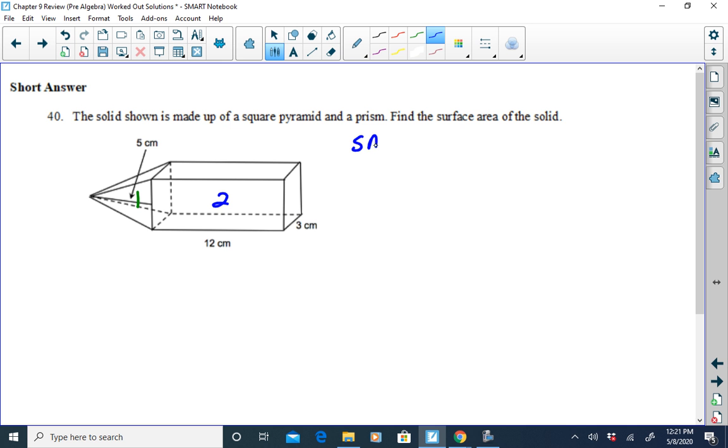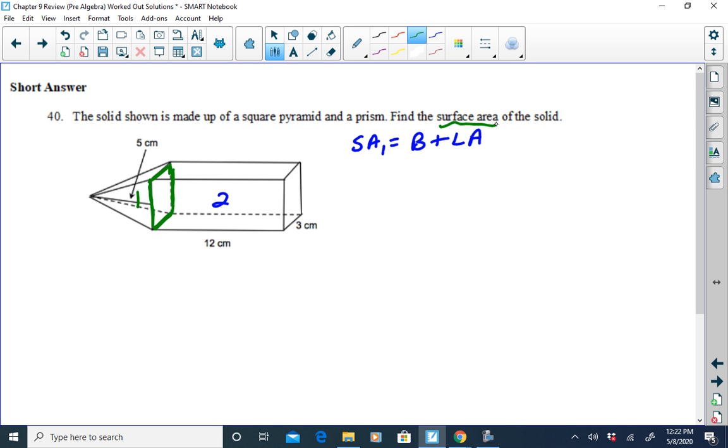So surface area 1 is going to be equal to the base area plus the lateral area. Let me actually write it out. Anytime we do surface area, it's base area plus the lateral area. But what do we know about the base area here? It's a square, but it's also not included in the surface area.